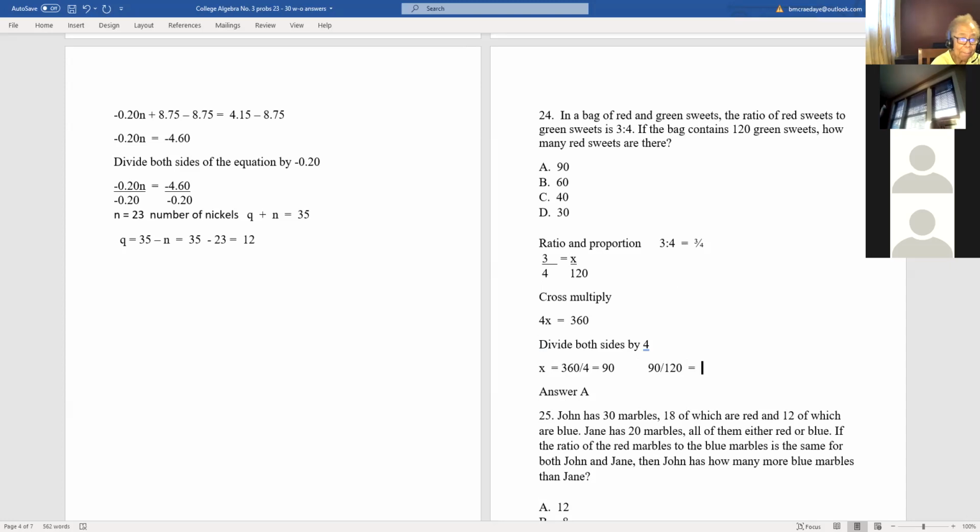How did you get that? I said I can slash out and say 3 into 9 is 3, and 3 into 12 is 4. Okay, so you didn't need the zeros. Simplify your life, take the zeros out. And like you said, you got 9/12, and then you divide both top and bottom by 3, and that gives you 3/4, and that's what our ratio was, 3 to 4.